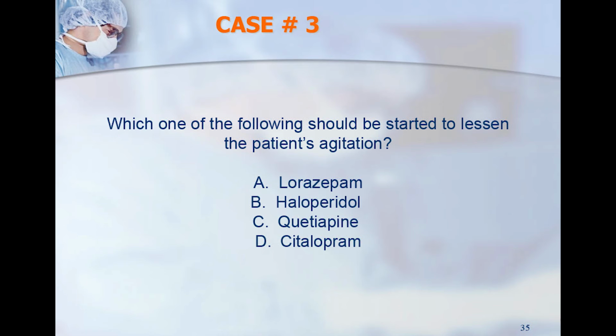You monitor how many choose A, how many choose B, how many choose C, and how many choose D. Please type it in the chat. Yeah, that's fine. Let's discuss. There's no right answer actually.